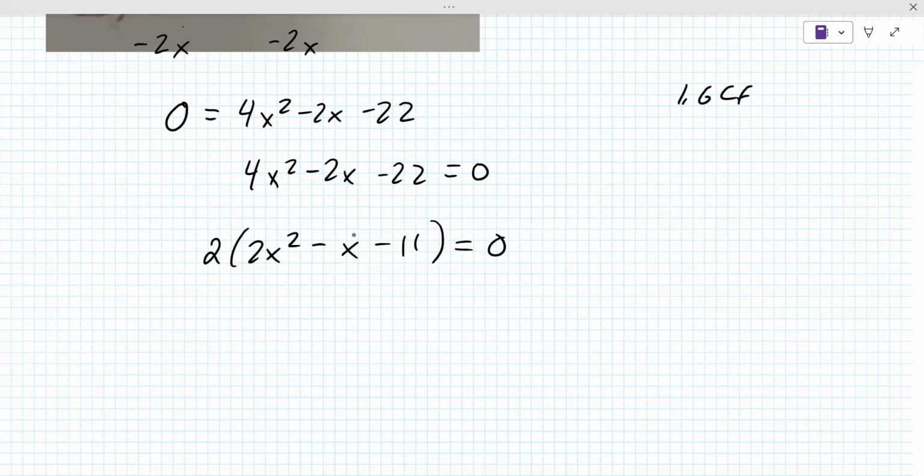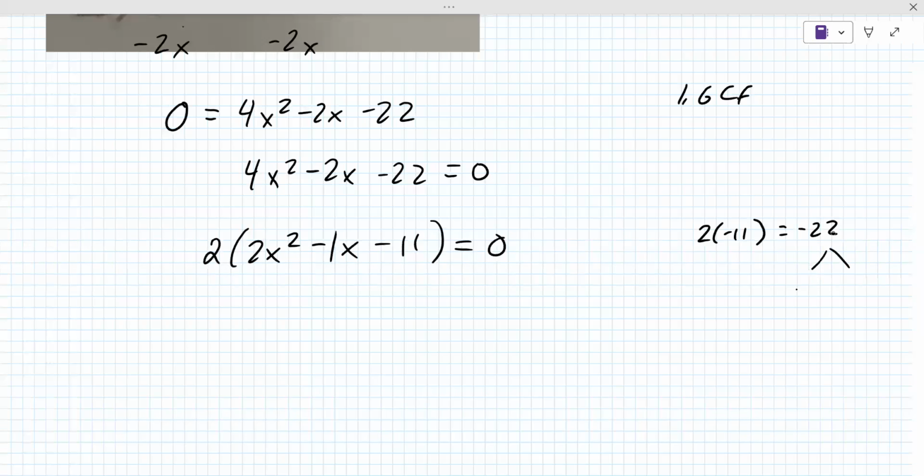Now, this is not 1. It's a potential grouping, but we're going to see that it doesn't work out. 2 times negative 11 is negative 22. You're looking for two numbers that multiply to negative 22 but add to negative 1.